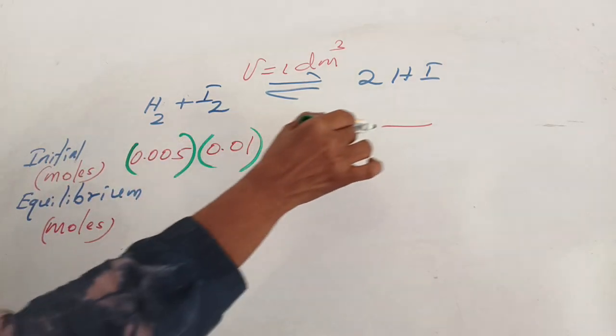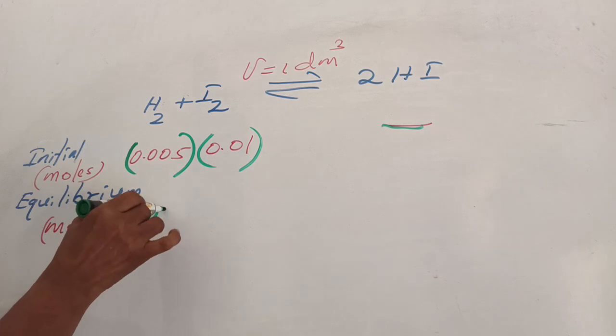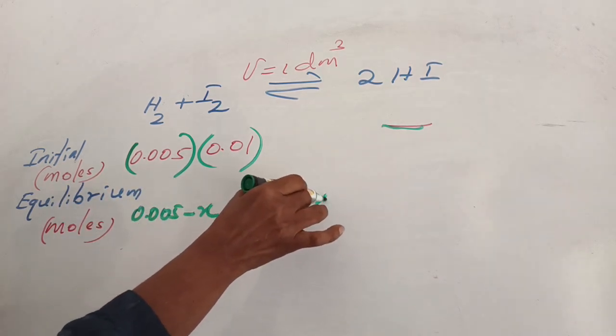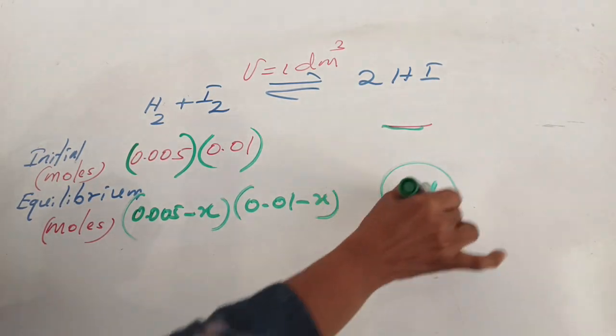These are the initial quantities. Hydrogen iodide was not present initially; from 0.005 a certain amount X reacts, from 0.01 a certain amount X reacts, and at equilibrium twice X is produced.